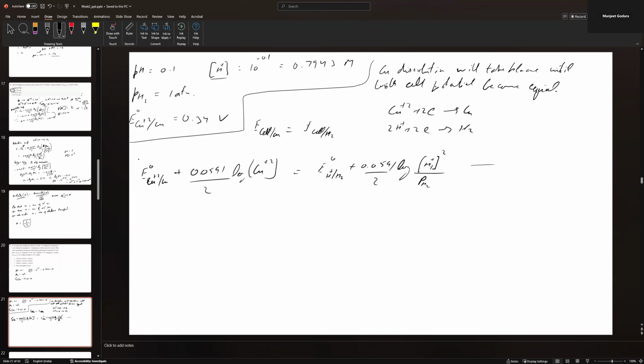So this is everything. Now we just need to put in the values. That's 0.34.